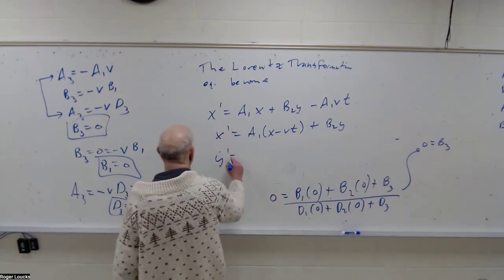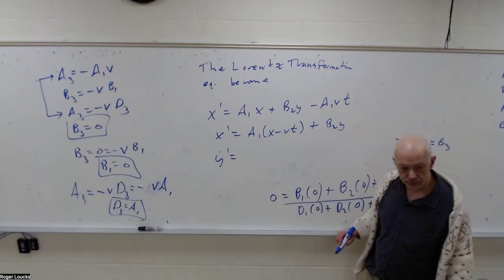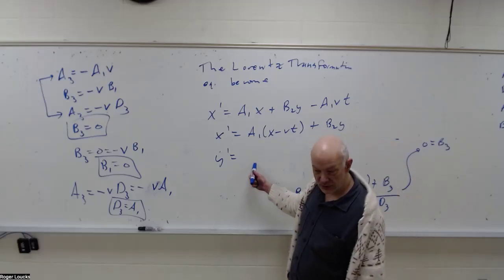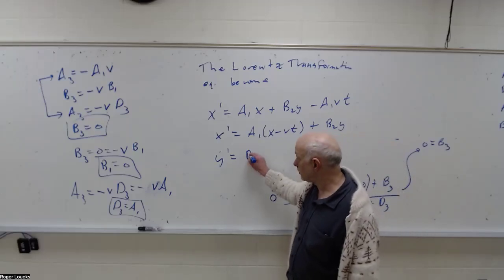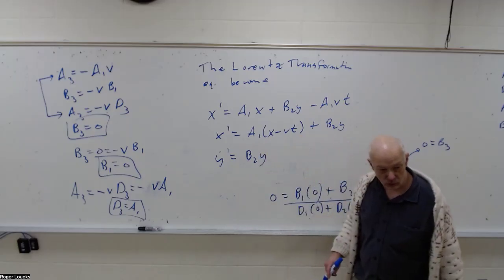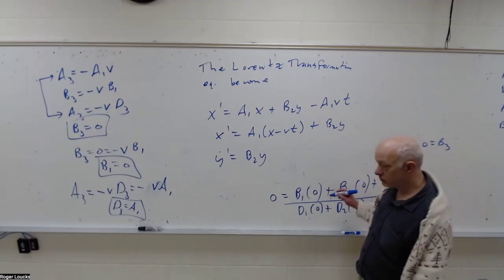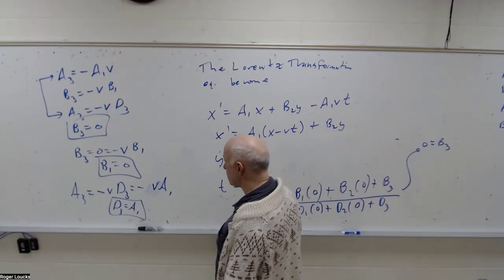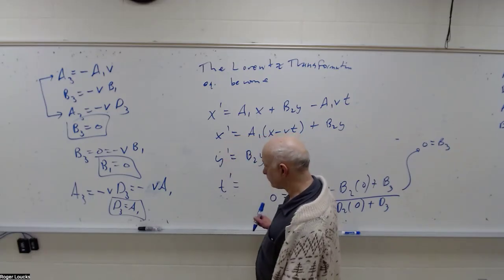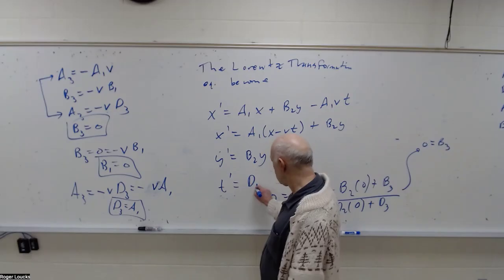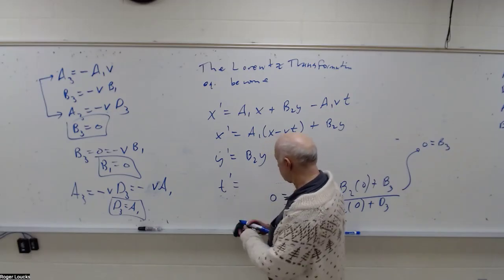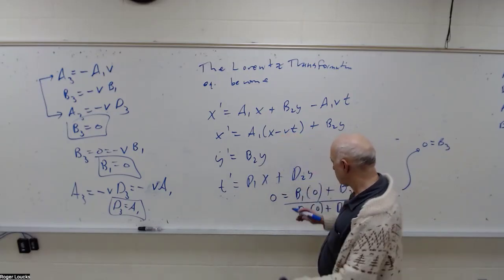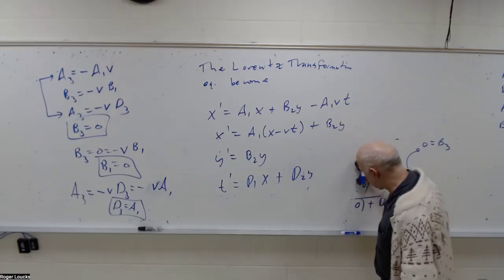What does my y prime equation now become? Y equals B2 y, since the B1 constant is 0 and the B3 constant is 0. And that's what that equation is. Now what do we have? T prime is going to be D1 x plus D2 y, and what is D3 equal to?